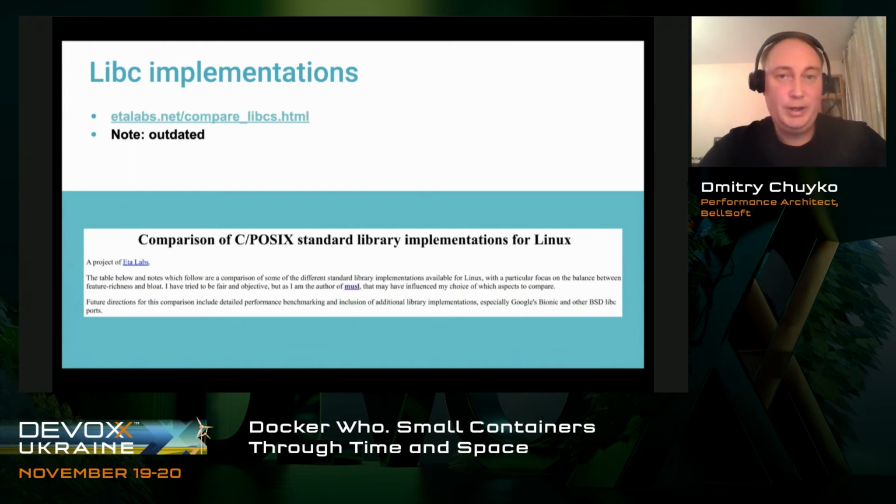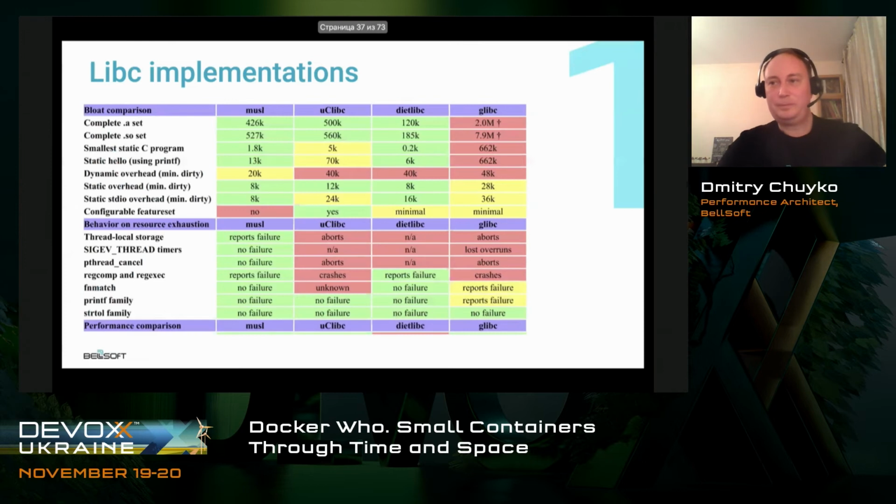How is it compared to other libc implementations? Well, there are numerous implementations of the standard C library, and people did compare them. This is just an example, some probably outdated data that was collected at a time when musl was actively fixed and was really unknown.